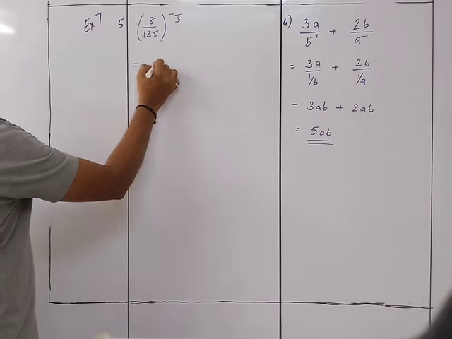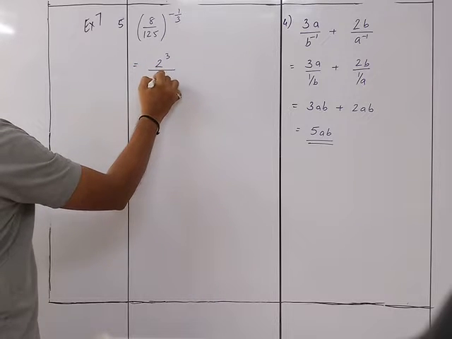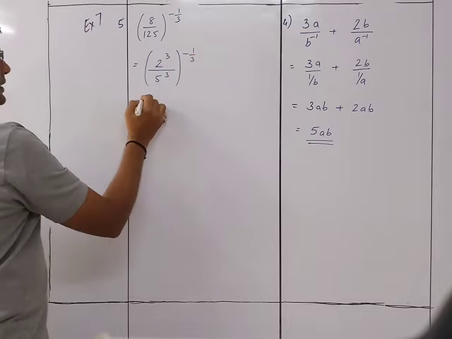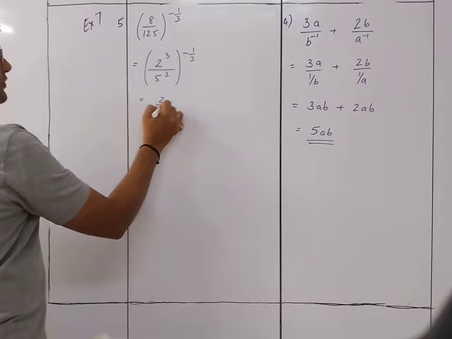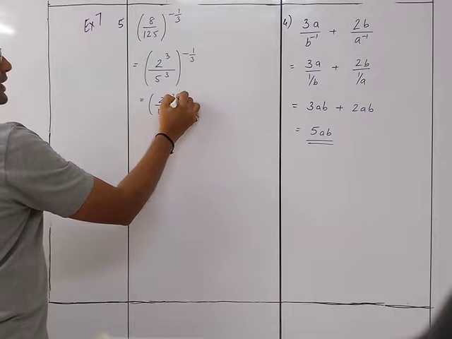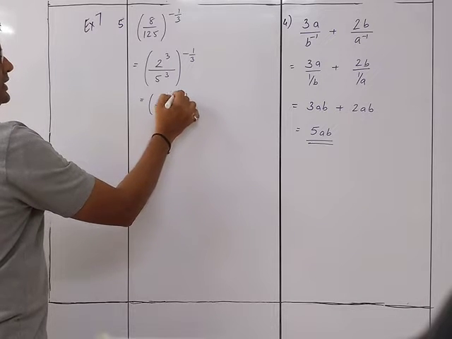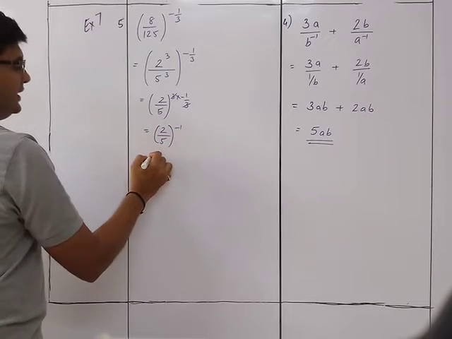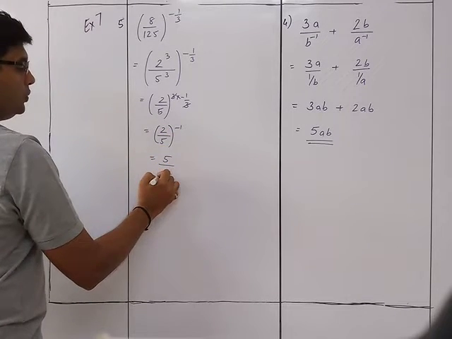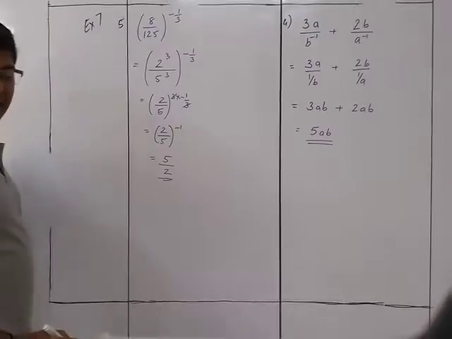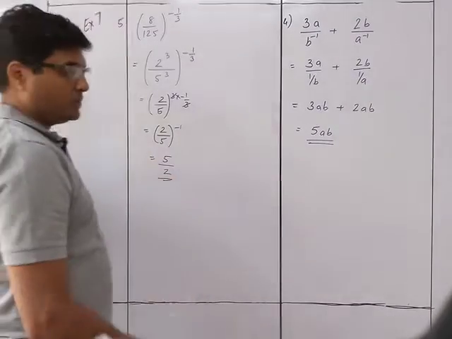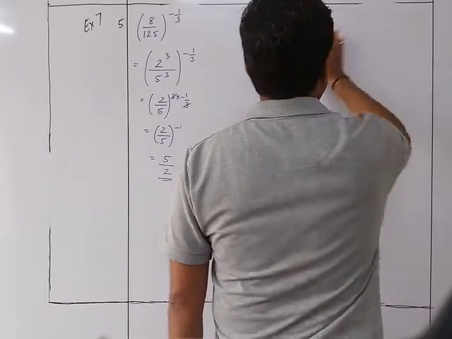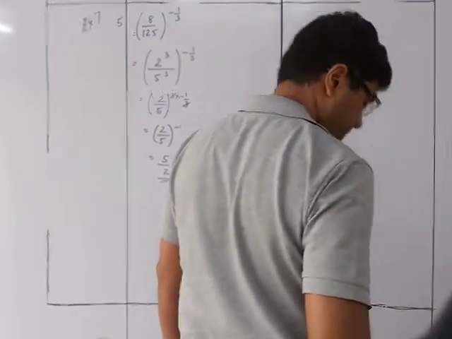This is nothing but (2 raised to 3 upon 5 raised to 3) whole raised to minus 1 upon 3. That is (2 upon 5) whole raised to 3 into minus 1 upon 3. 3 cancels. So (2 upon 5) whole raised to minus 1. Answer is 5 upon 2 to get rid of this negative sign, taking the reciprocal. Sum number 5. Now we move on to sum number 6.